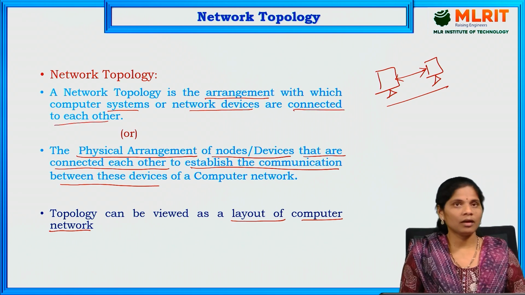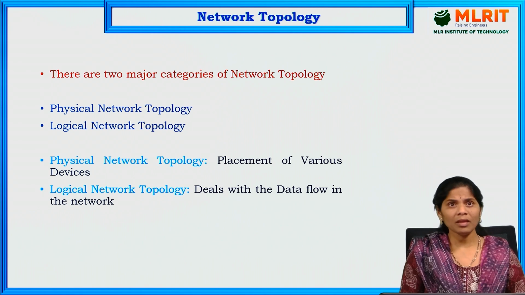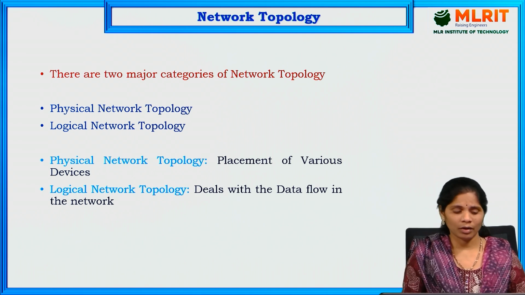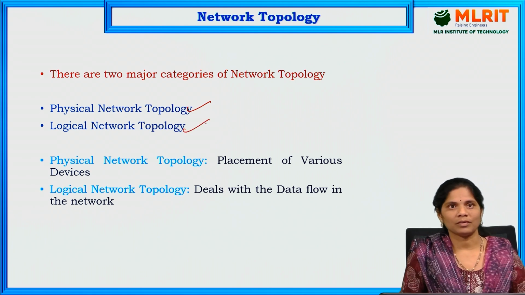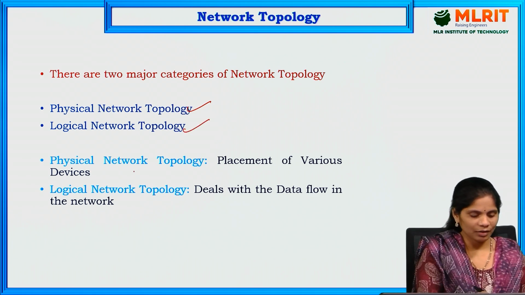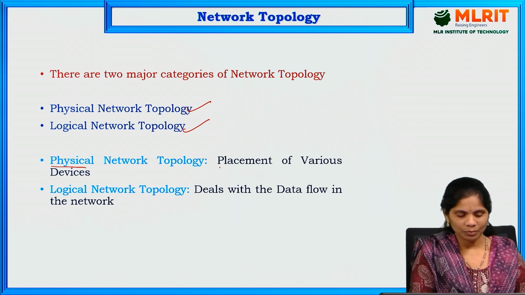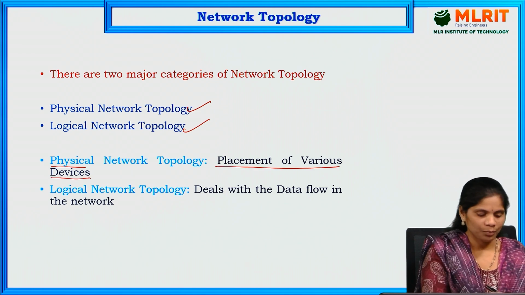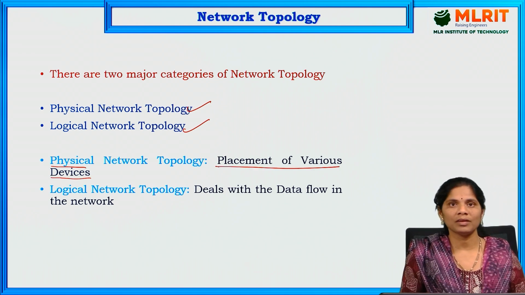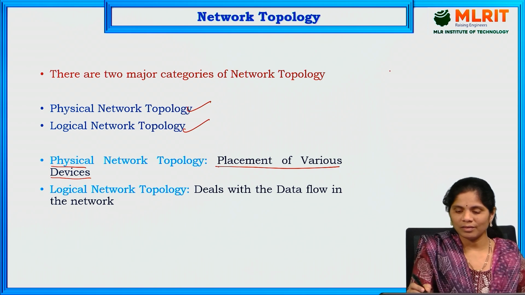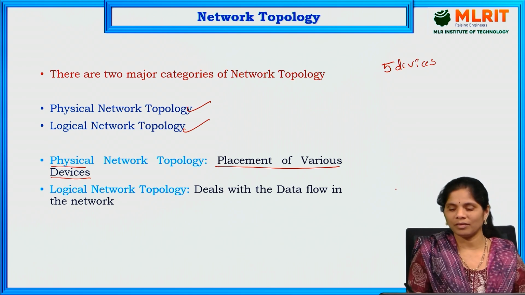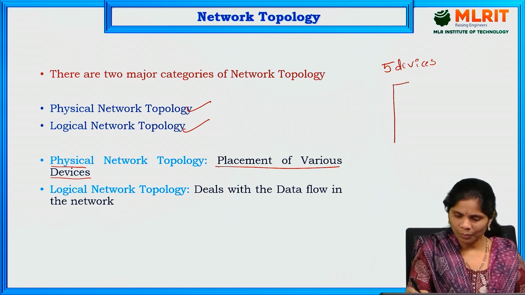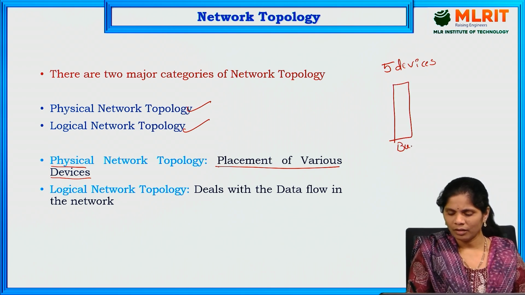Let us see the different categories of network topology: physical network topology and logical network topology. What is physical network topology? The placement of various devices, meaning how you are going to place the devices. Suppose consider this example. I am taking 5 devices, and here is the building.